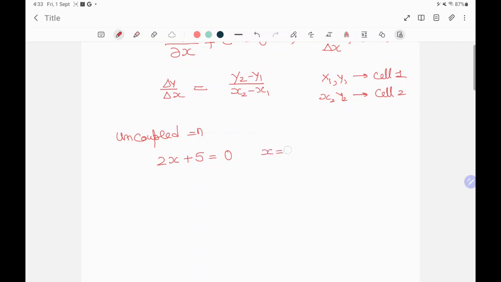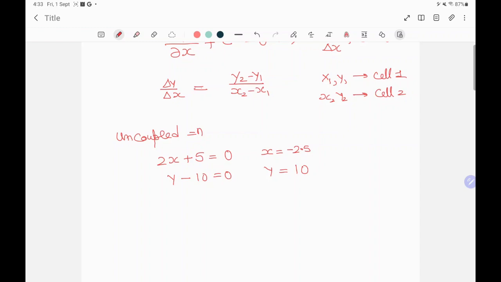You will get x is equal to minus 2.5. The second equation is y minus 10 equal to 0. You simply get y is equal to 10. These are uncoupled equations, because to solve any parameter, one equation is sufficient. You don't have to go for another equation.